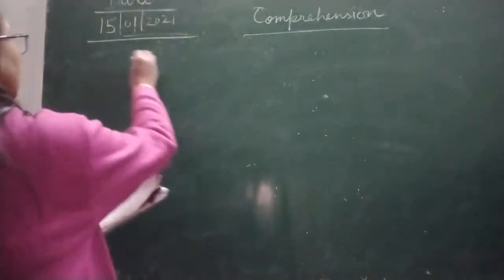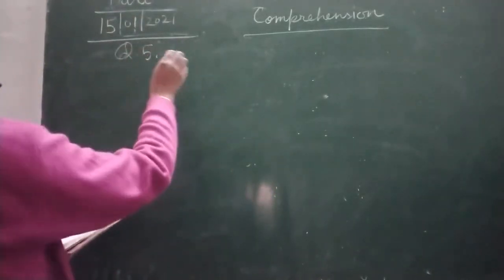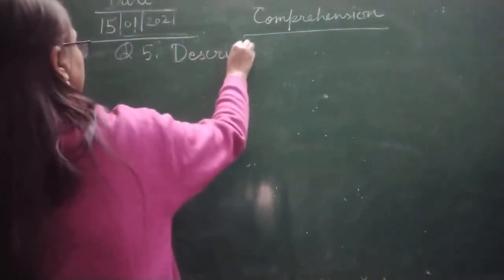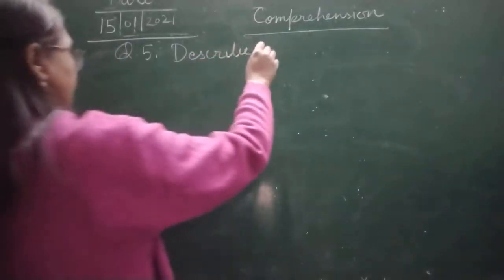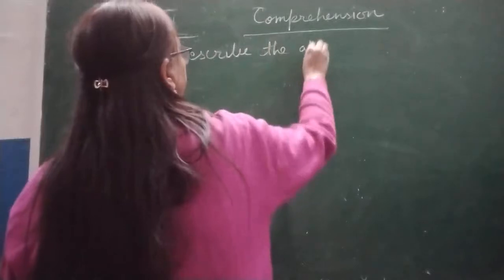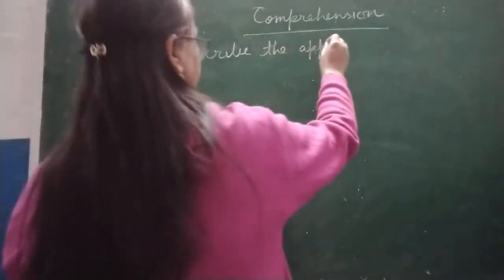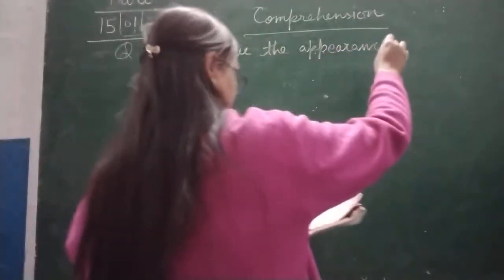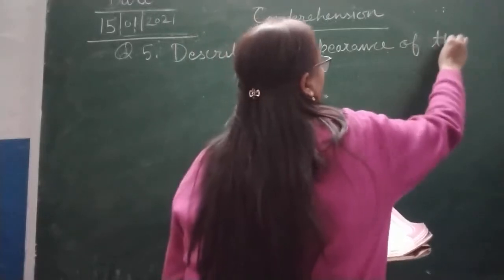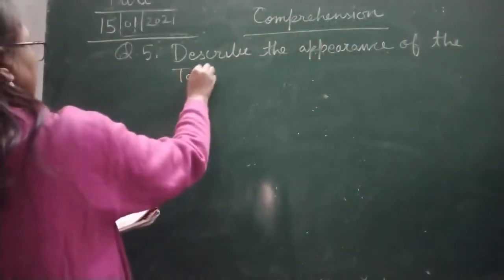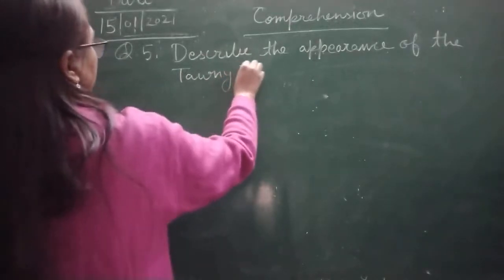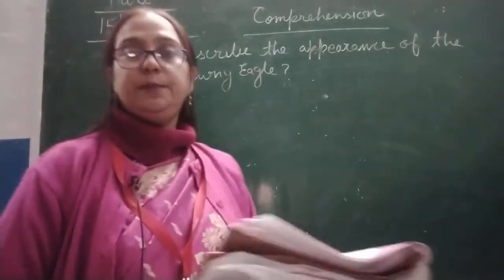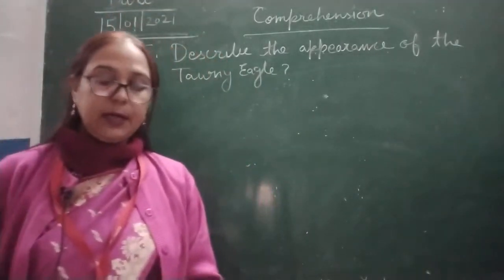So children, question number 5. Describe the appearance of the tawny eagle. As we have discussed in this paragraph, eagles are birds of prey.